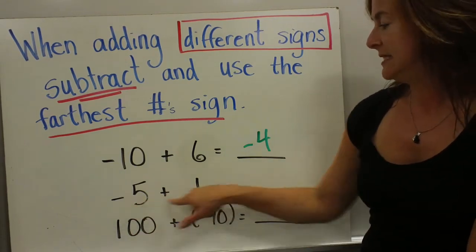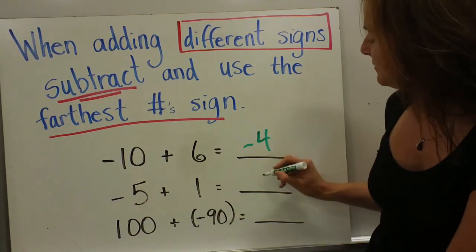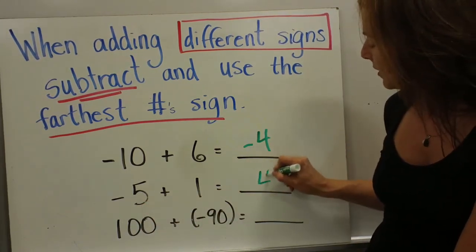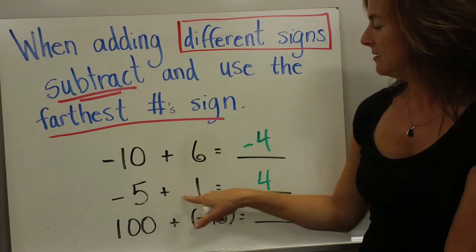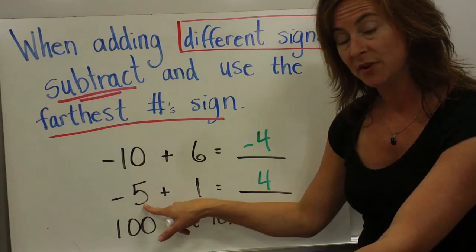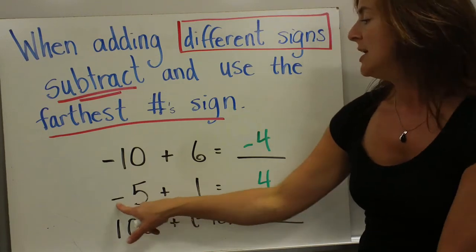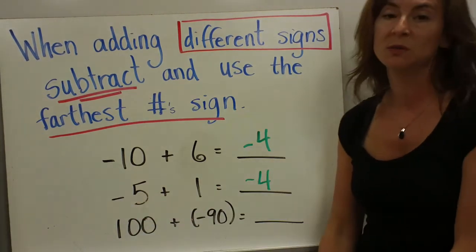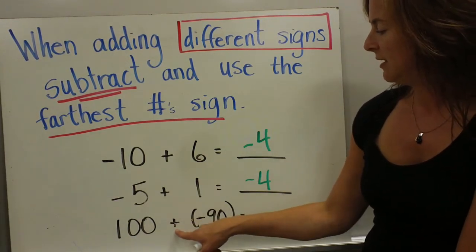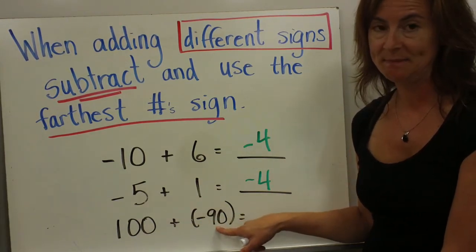-5 plus 1. Different signs, find the difference. The difference between 5 and 1, 5 minus 1, is 4. Again, looking at my two numbers, 5 is going to be a greater distance away from 0. It's farther away. It's negative, so my answer will also be negative. Last, I have 100 and -90.